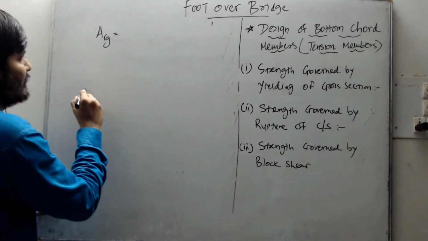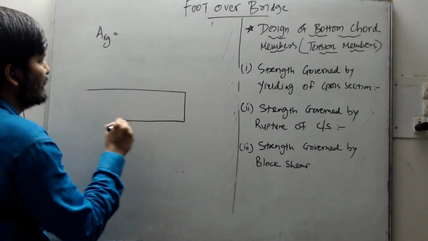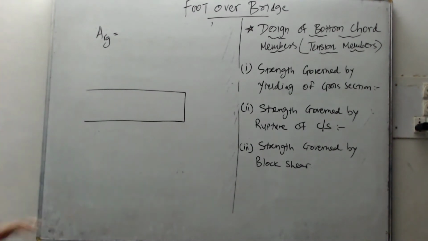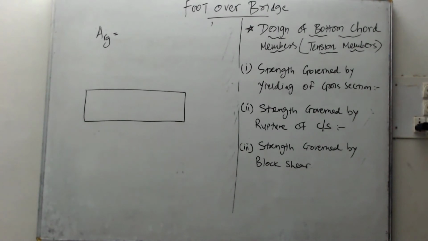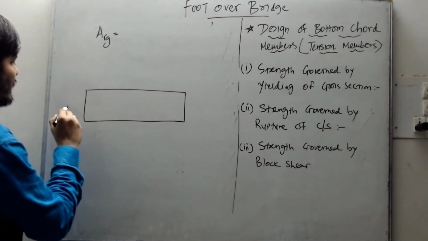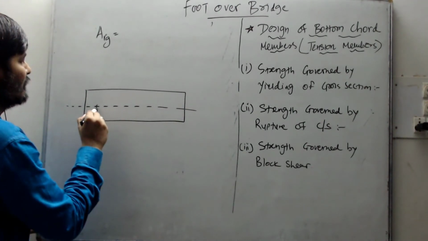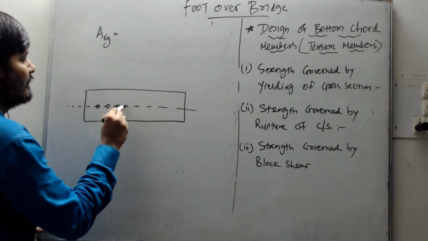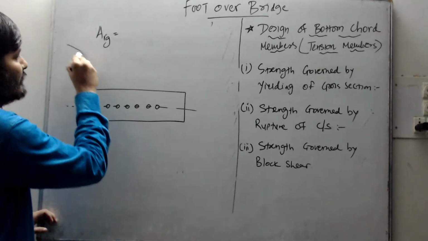So this is how your section is oriented. 7 number of bolts are there, so let me draw the line for that. 1, 2, 3, 4, 5, 6, 7. Right? 7 bolts are there.